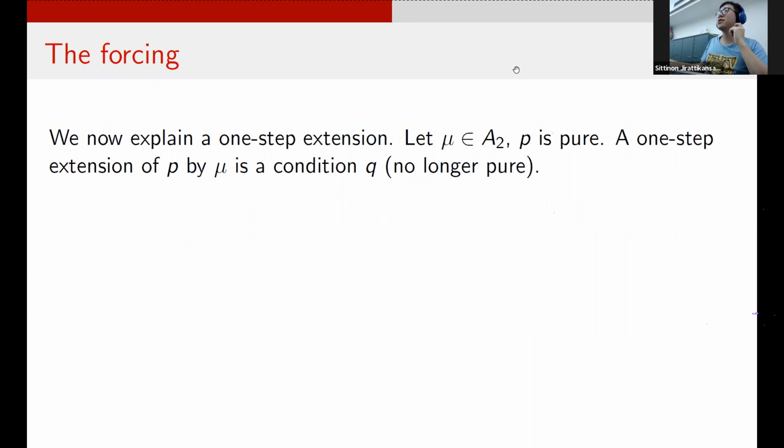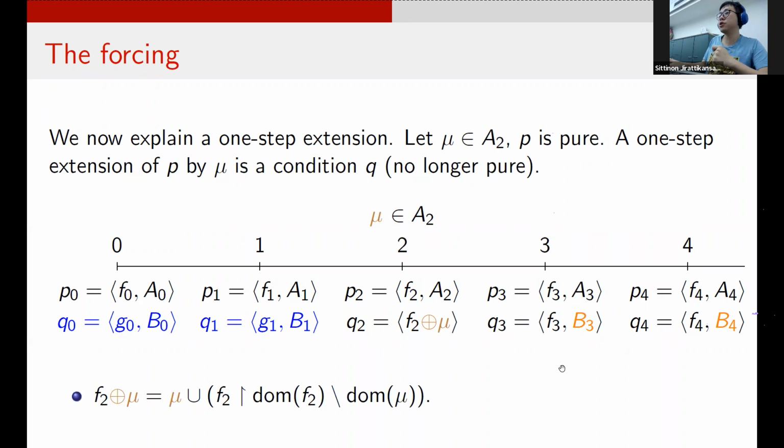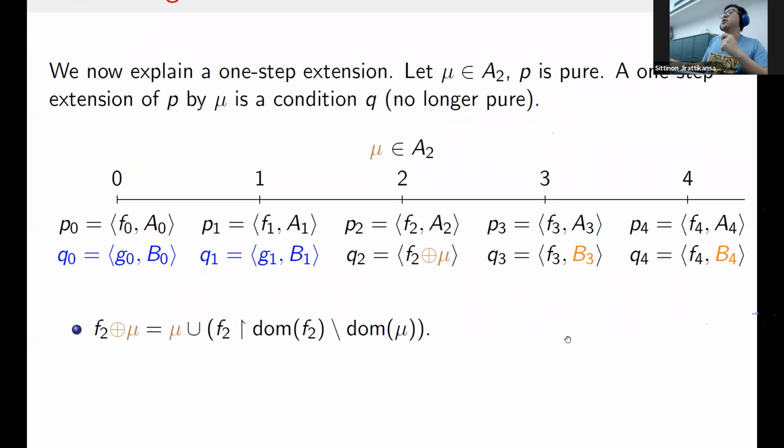Now I'm going to say what the one-step extension is. Suppose p is as before. So I list down just the first 5 components: p0, p1, p2, p3, p4. Mu is in A2. So mu is an object, it's just a function. The one-step extension of p by mu is going to be a condition q, where at F2, I'm going to override F2 by mu.